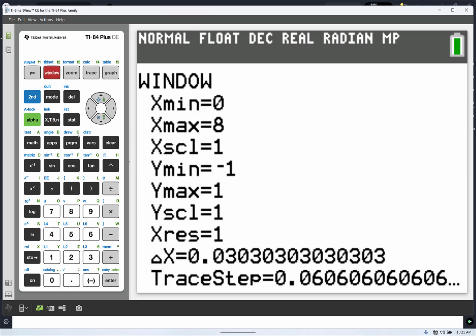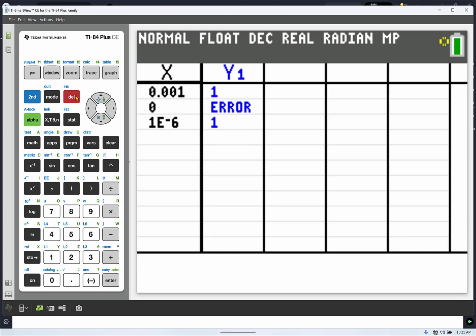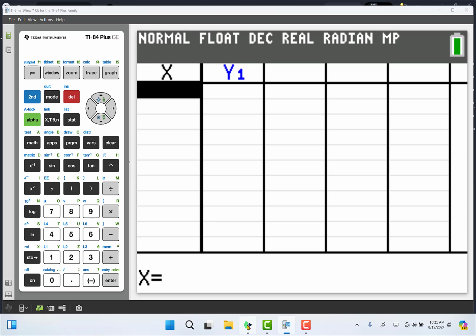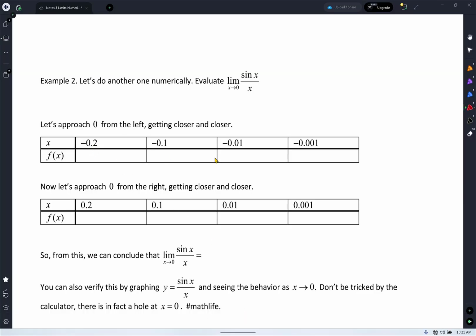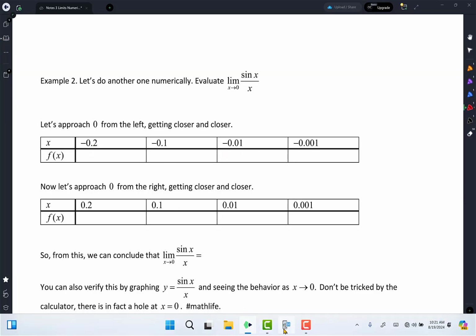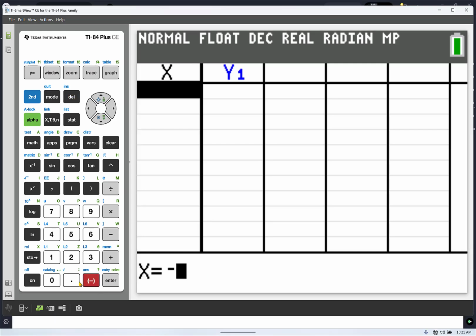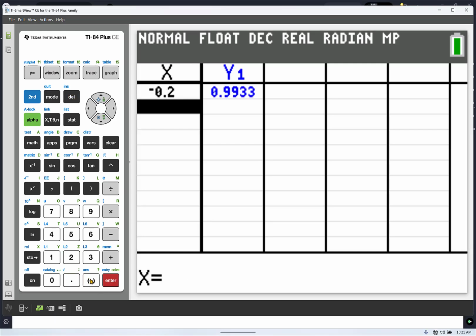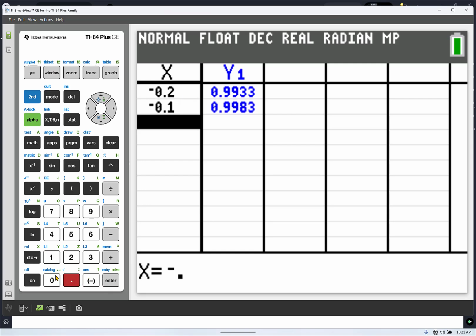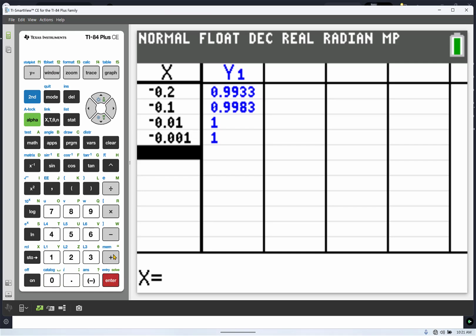Click on second table, and I'm going to delete all those values. And I'm going to put these values: negative 0.2, negative 0.1, negative 0.01, negative 0.001. Be careful, it says 1, it's not 1.